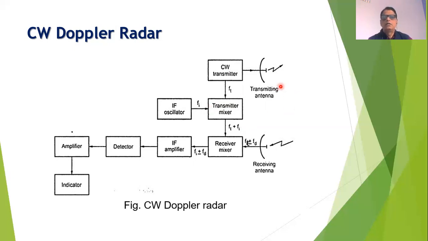Now when the transmitting antenna transmits a signal, it strikes the surface of the target, and this signal is reflected back and received by the receiving antenna.